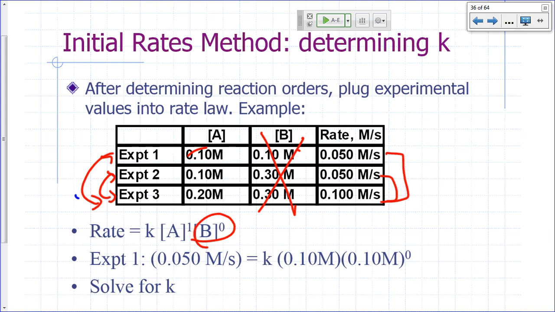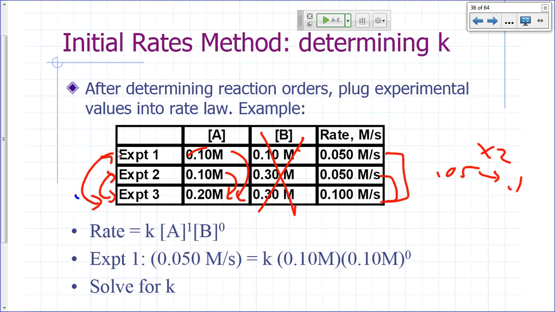By doubling the concentration of A, what happens to the rate? From 0.05, it becomes 0.1, so that also doubles, right? So we say that the rate is directly proportional to the concentration of A, so we say that it is first order with respect to A. So that allows you to determine the order of the reaction, okay?